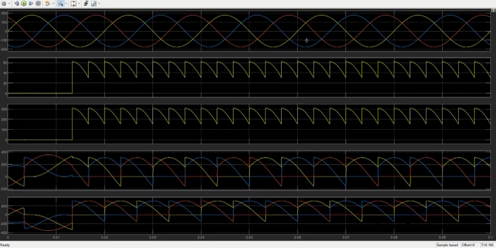In the plot of the upper thyristors, the thyristor that has the higher anode voltage than the others directs the flow, and in the lower thyristors, the one which has a more negative cathode voltage than the others gets activated and directs the flow.